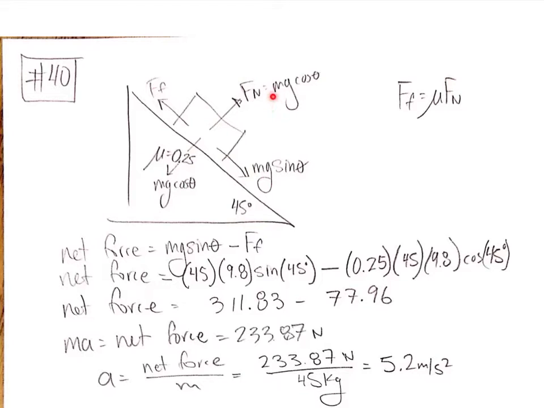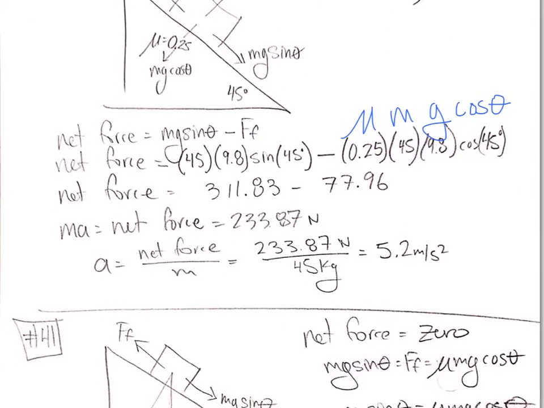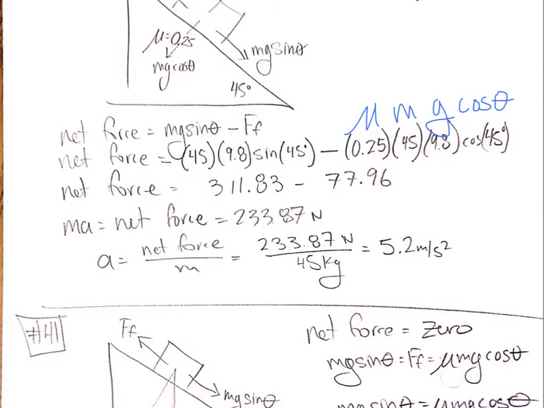This is where we're getting the mu mg cos theta. And solving, net force equals ma. Acceleration, we divide the net force by the mass to get 5.2 meters per second squared.